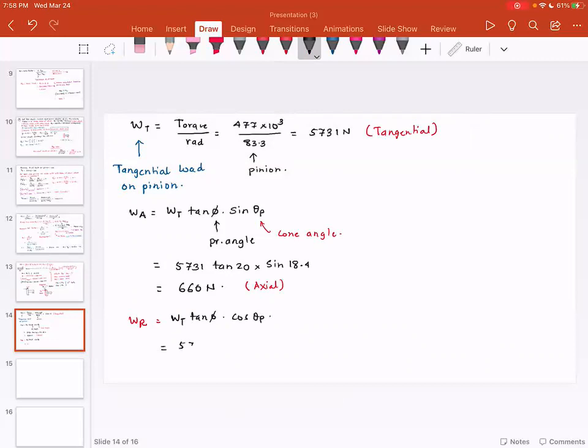So 5731 tan of 20 cosine of 18.4. That gives me 1980 newtons.